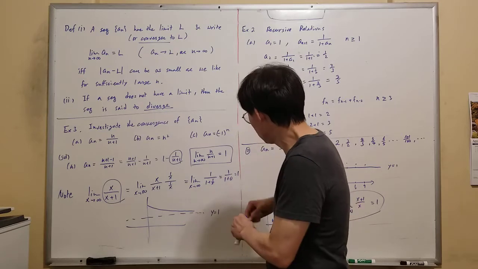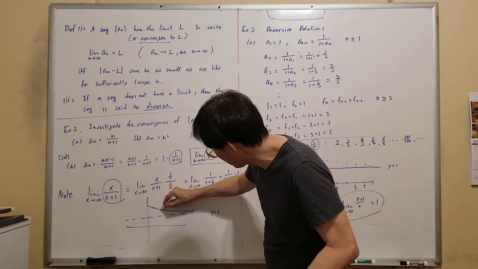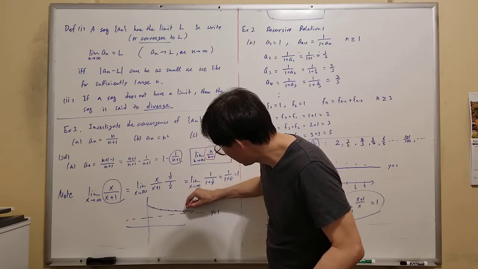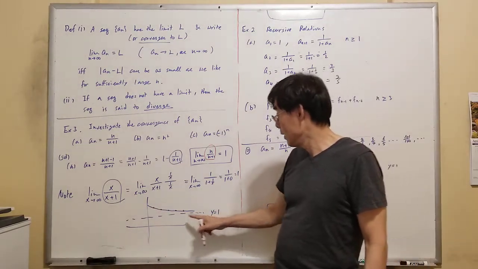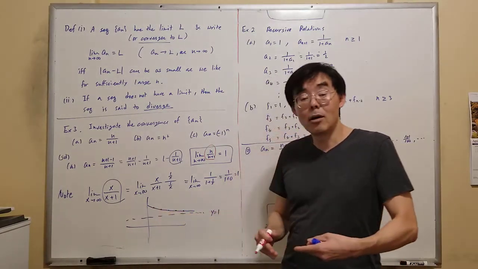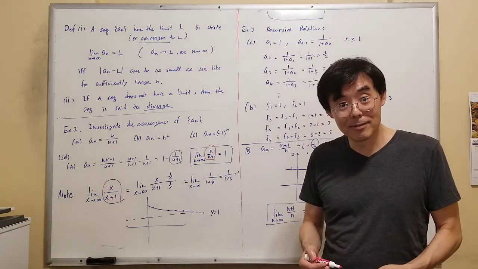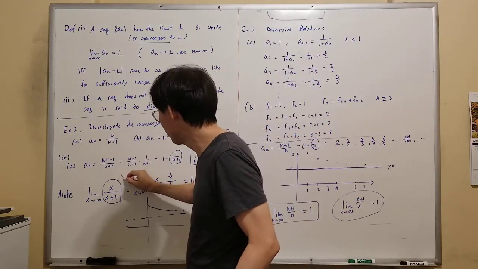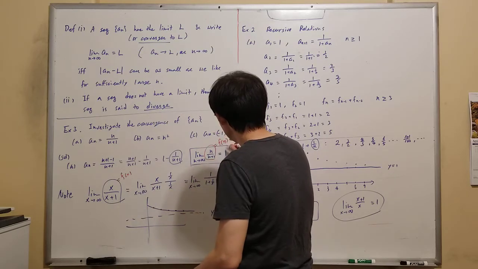Now, your sequence is just discrete points corresponding to integer x values. If the whole graph approaches some value, then these red dots are forced to converge to the same value, isn't it? So if this is f of x, this is just that function's value at integer n.